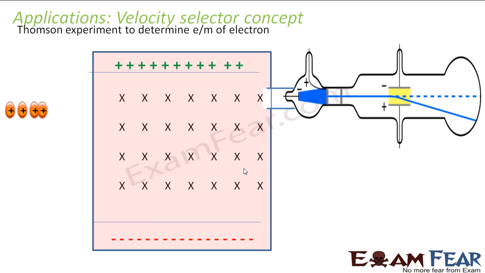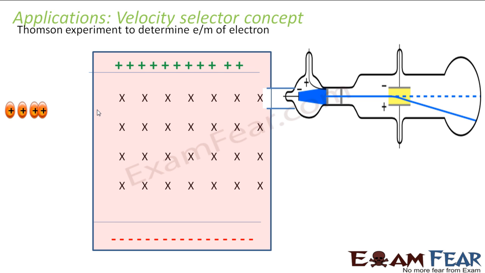What did he do? He wanted a bunch of particles moving with the same velocity to be projected into his apparatus. This entire thing which you see here was Thomson's apparatus. For this apparatus, he wanted all those particles which are moving with the same velocity. So he chose all the single velocity particles with the help of this velocity selector.